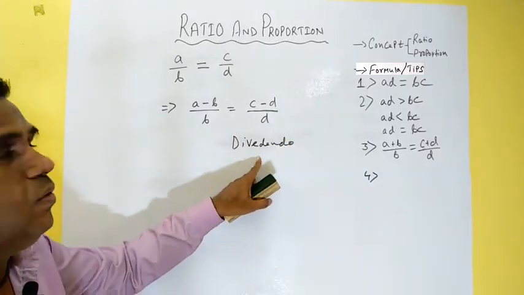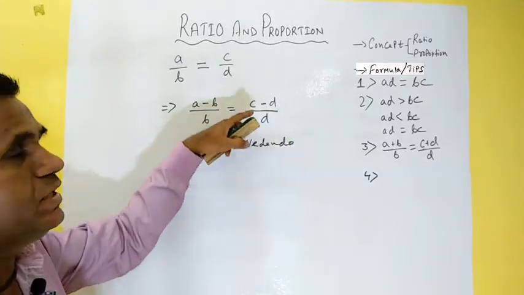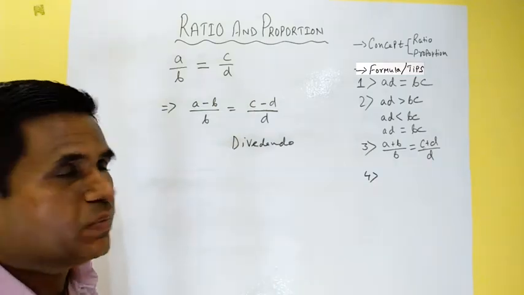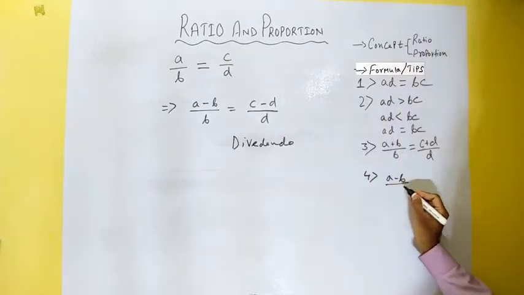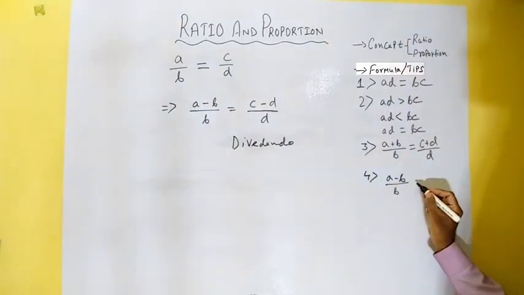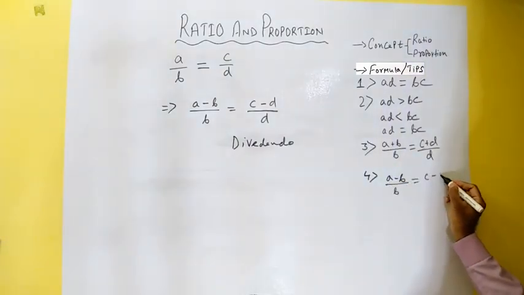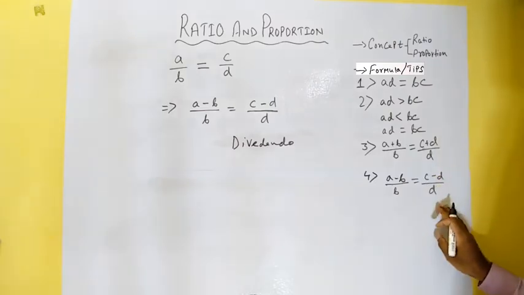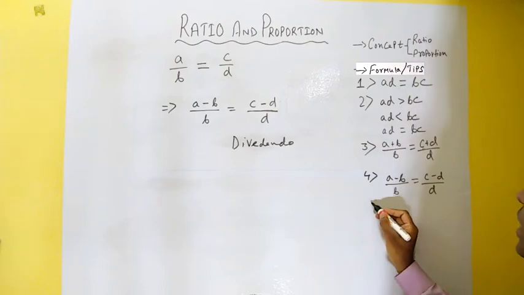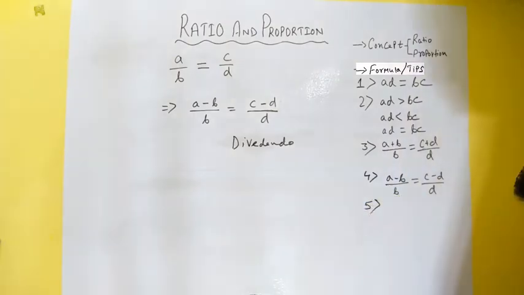So in dividendo, we subtract the denominator from the numerator, okay. So I will write here A minus B upon B is equal to C minus D upon D. So third one is componendo, fourth one is dividendo.